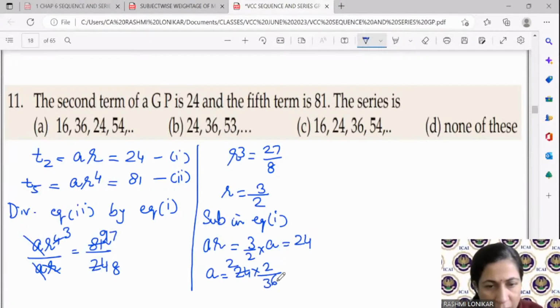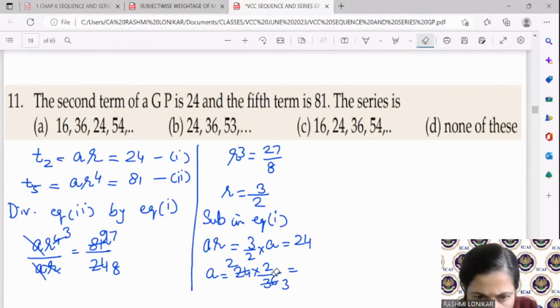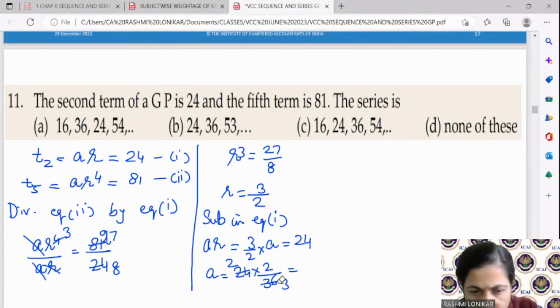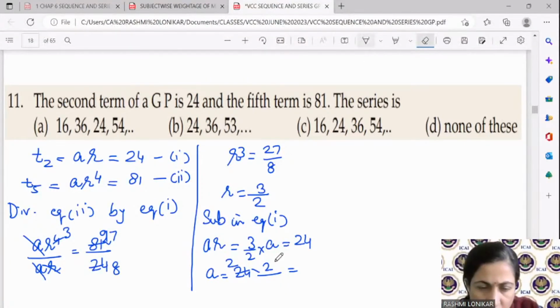So 3 1s are 3, 3 8s are 24. So A is how much? 16.